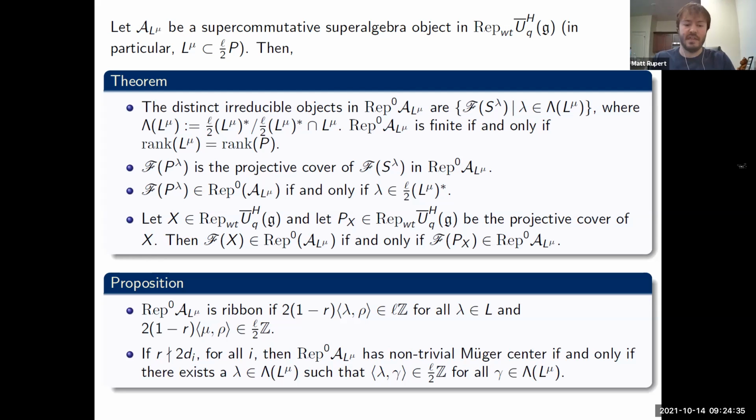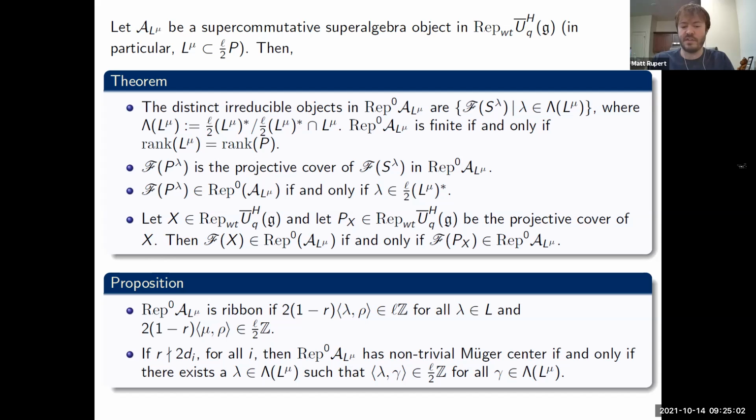And if r does not divide 2d_i for all choices of i, then the category of local modules has non-trivial Müger center if and only if you can find a weight in this set. Remember, this is the set indexing simple modules, just satisfying this condition on the form.